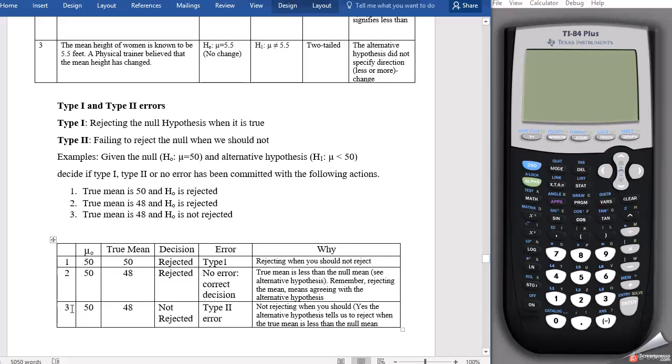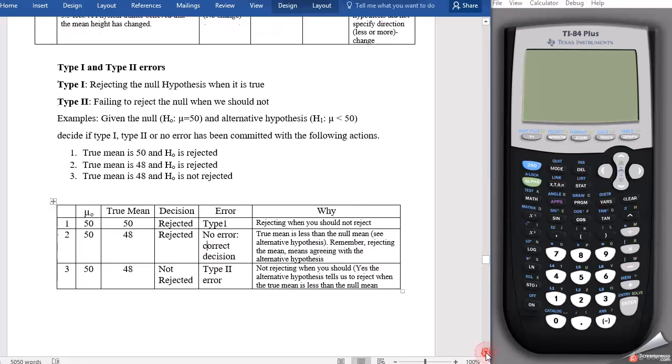All right, the third scenario is where we have the null as 50 and the true mean as 48, and we're supposed to reject because it satisfies the alternative hypothesis, but we are not rejecting. Because we are not rejecting the null hypothesis when we should reject, we are committing type 2 error.